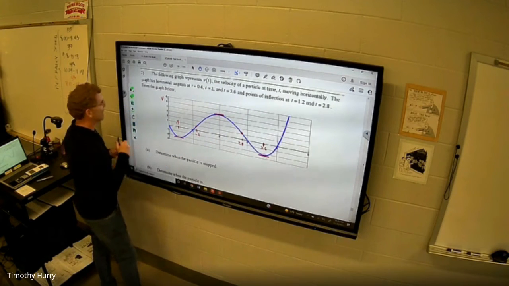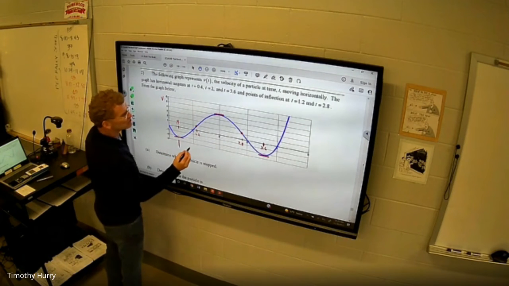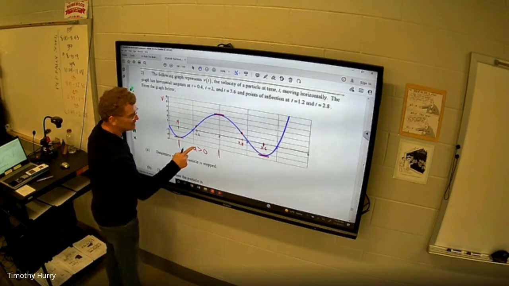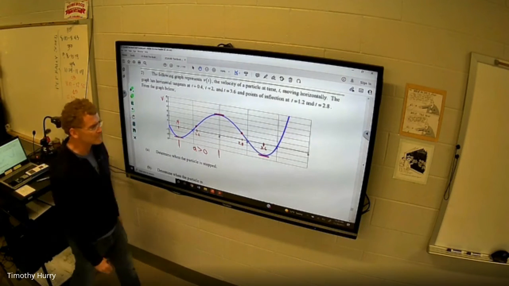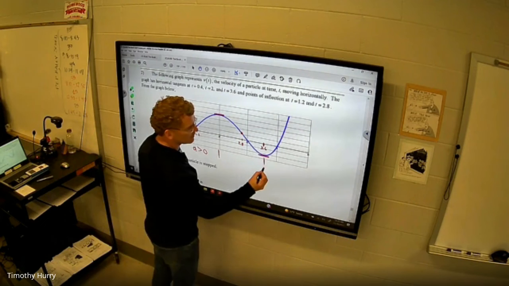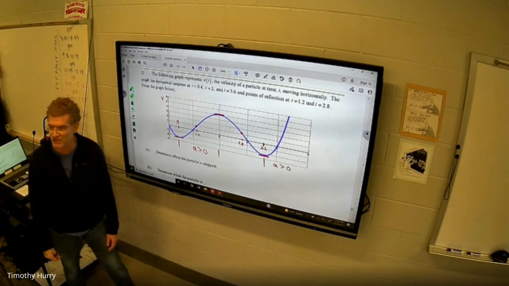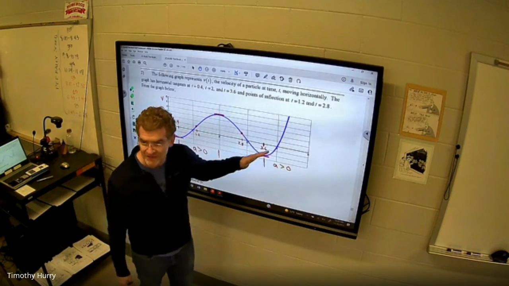Okay, so right here, I'm going to label these. From 0.4, which is right there, to 2, my acceleration is positive because acceleration is the derivative of velocity. And then also from 3.6 on to infinity, my acceleration is also positive because my slopes of the V curve are the same as the A curve.